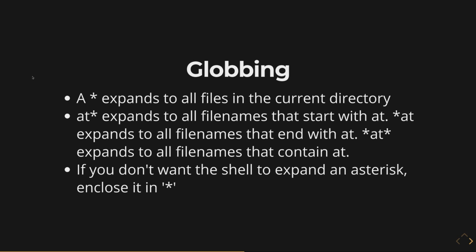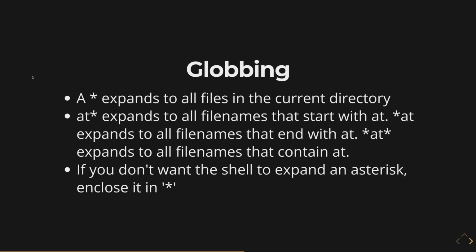We saw how the tilde, the wavy character, resolves to your home folder. A dot means your current directory. Dot dot is the parent directory. A star or a glob or a wildcard or whatever you want to call it expands to all the files and folders in your current directory.